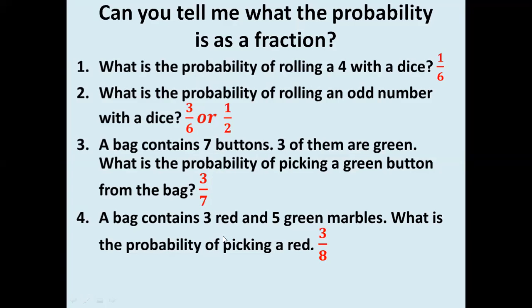Number 4, a bag contains 3 red and 5 green marbles. What's the probability of getting a red? How many red marbles are there? 3 out of all the number of marbles, red and green together, 8. So it's 3 over 8.